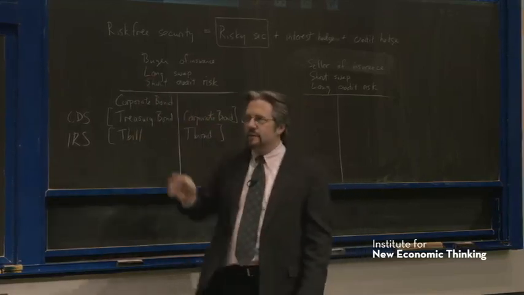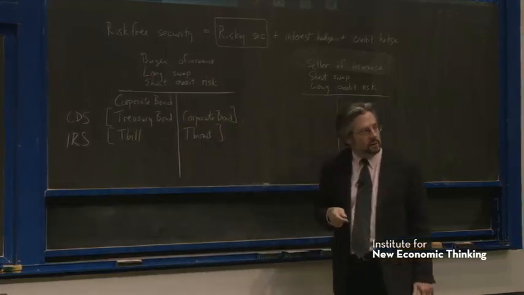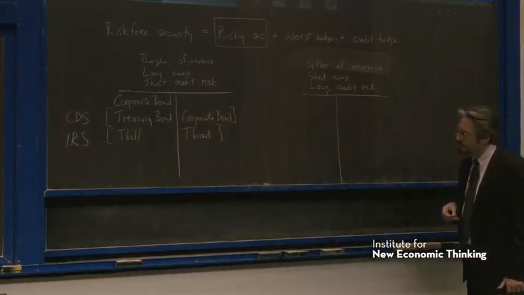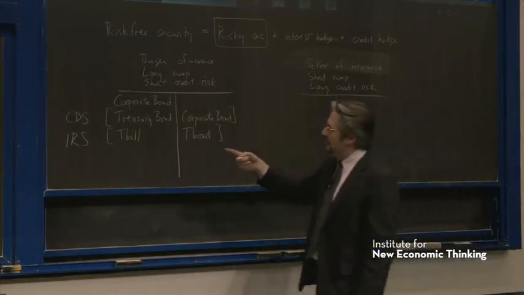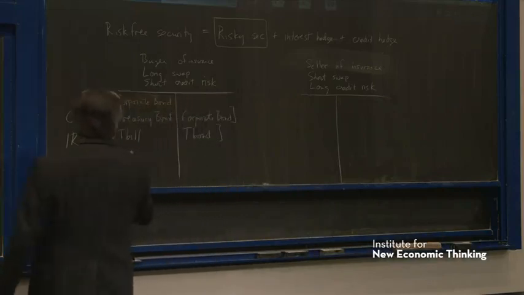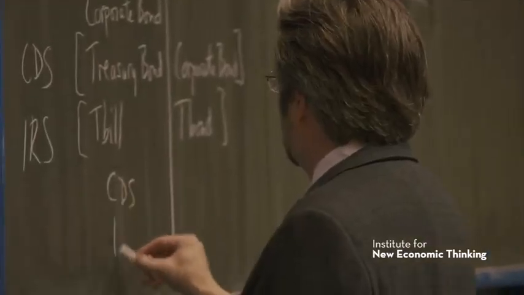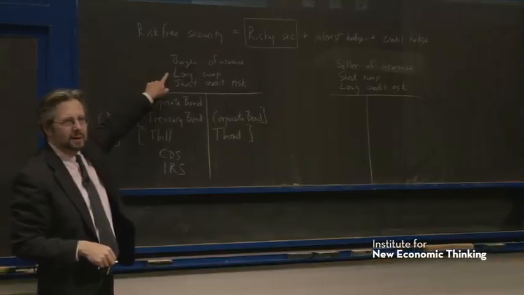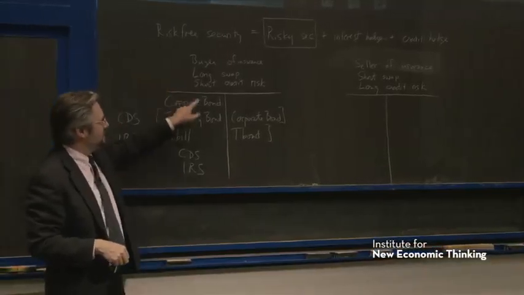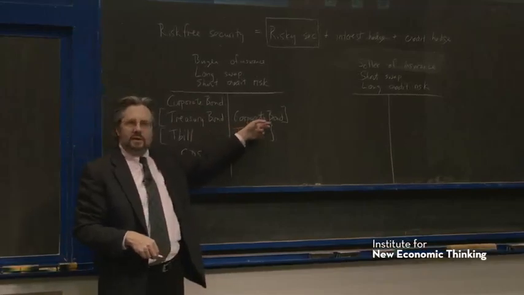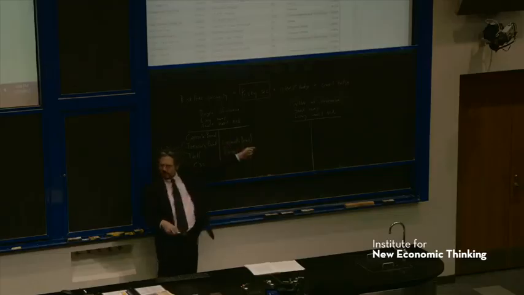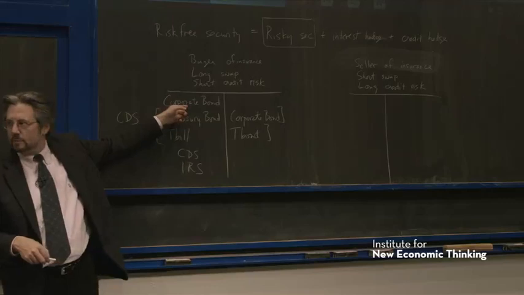It's that 530 basis points that we're talking about here. Okay, if we wrote that as a swap, we would write it here. Okay, long a swap. Okay, but short credit risk, okay, because the corporate bond is on this side. You're short credit risk.